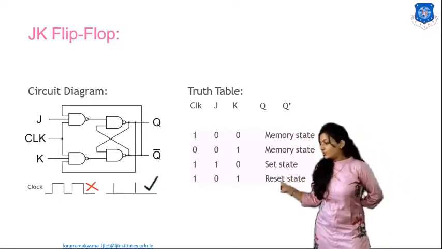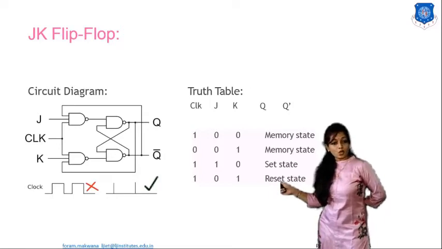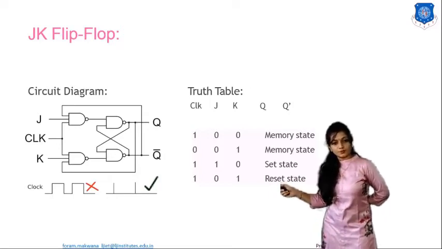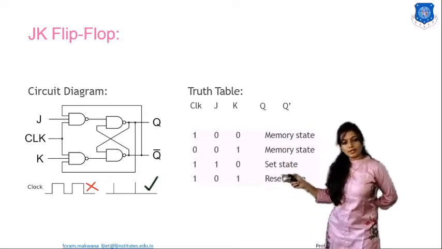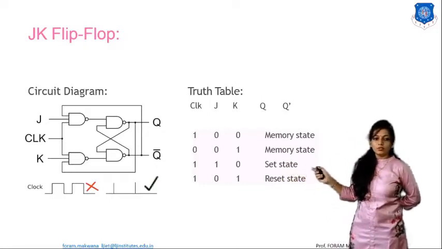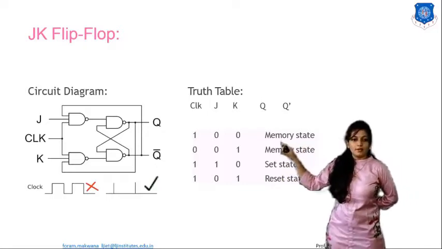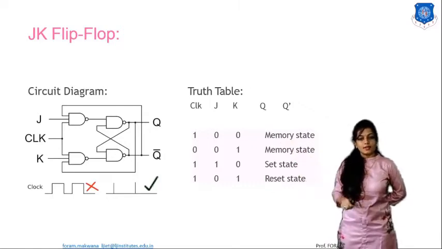The second NAND gate has 3 inputs: clock, K and Q. The outputs of these NAND gates are applied to the cross coupled connection of the NAND gates.